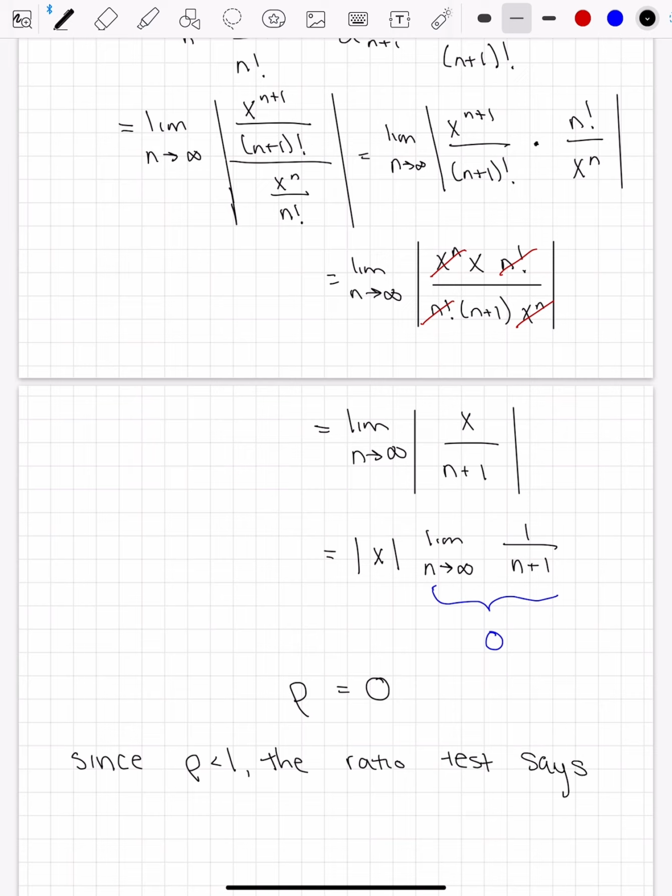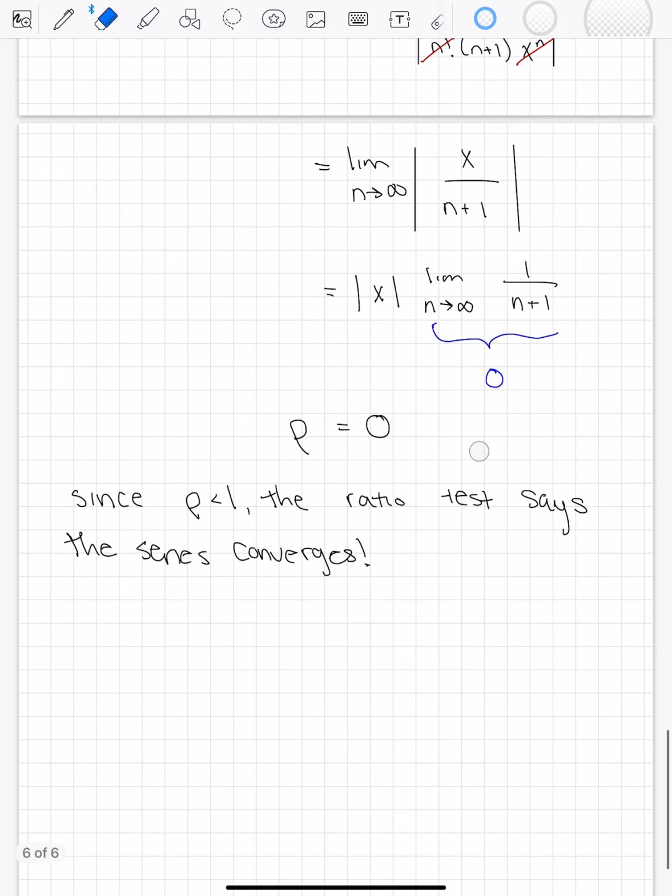When rho is less than 1, the ratio test says the series converges. Now this rho doesn't depend on x. If it depended on x, we would have to see for what x it is less than 1 and for what x it is greater than 1. But here, this is true for all x.